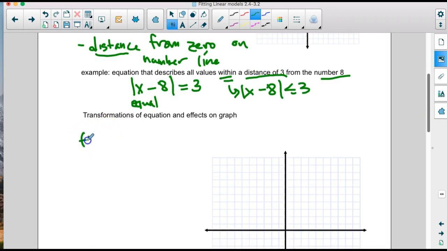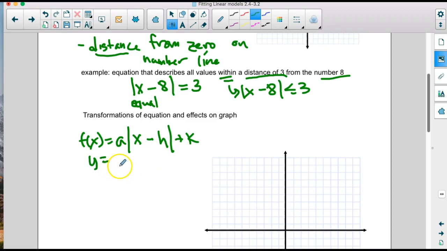So f of x, or y, you can also write y here, is going to have some value in front of the absolute value. We'll use h for this transformation and k for this transformation. So we're going to use a, h, and k as our transformation values.